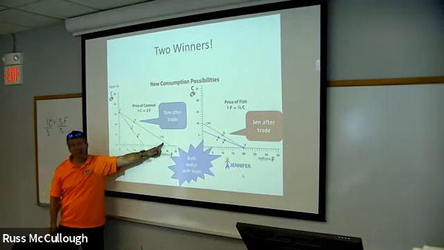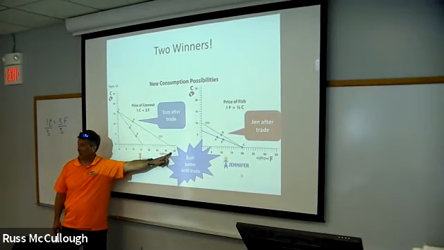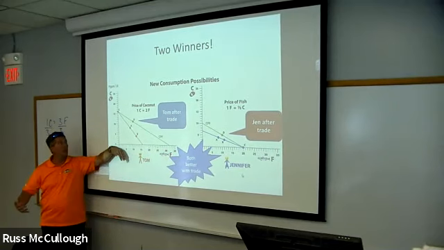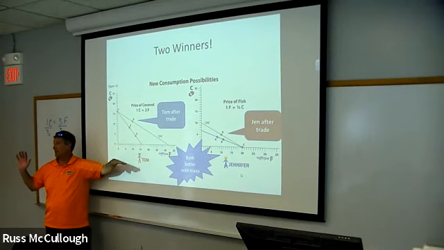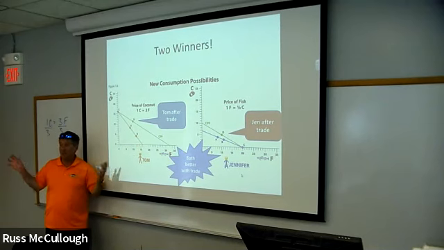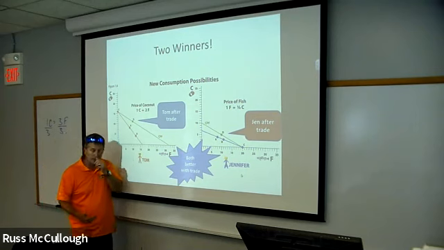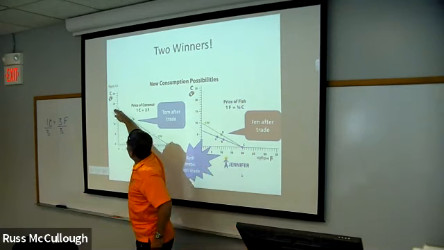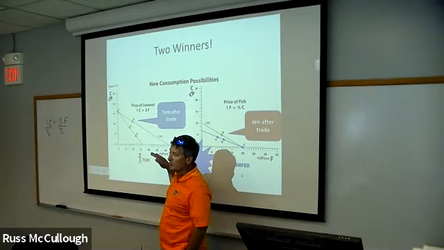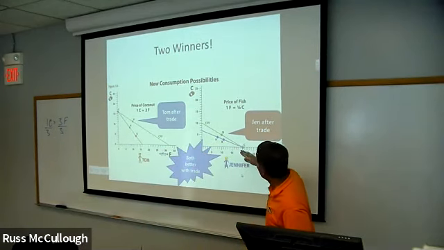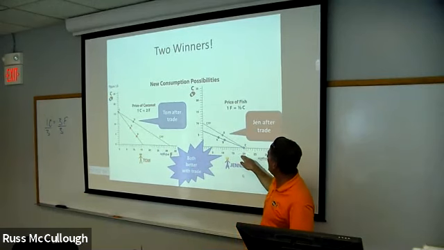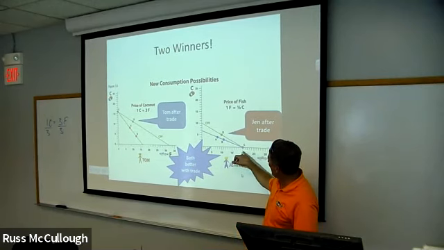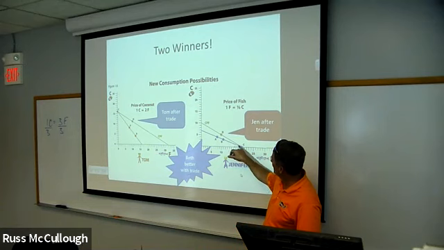So now Tom's consumption possibilities lie outside what he could do himself. Remember, I started off this story, he was the hot shot that could do everything better than Jen, which was true. He had an absolute advantage in production, but that doesn't matter for trade. So Tom is made better off at all points. Jen is also made better off at all points. So she goes with the slope of the 2.